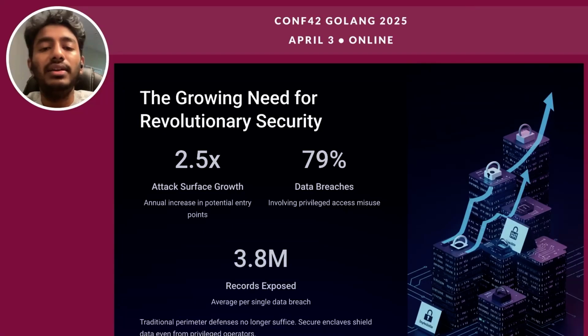So with that in mind, traditional perimeter security like firewalls, VPNs, and IAM, which are widely used today in all the enterprise orgs, is no longer enough. What we need is a way to protect data even when the infrastructure is compromised. That's exactly where confidential computing enters the picture.